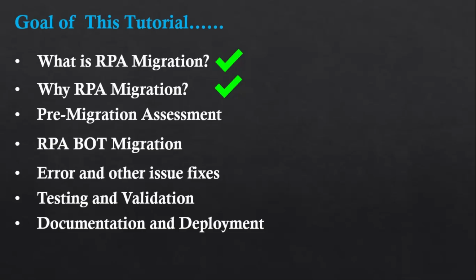In that case, it's recommended to understand your bot and make sure you are comparing all the actions or whatever steps the bot is doing in your current RPA tool, so the same thing is available and it's easy to migrate. Okay, so this assessment will basically help you decide whether your bot or whatever RPA processes you are running is good to move to your next environment.